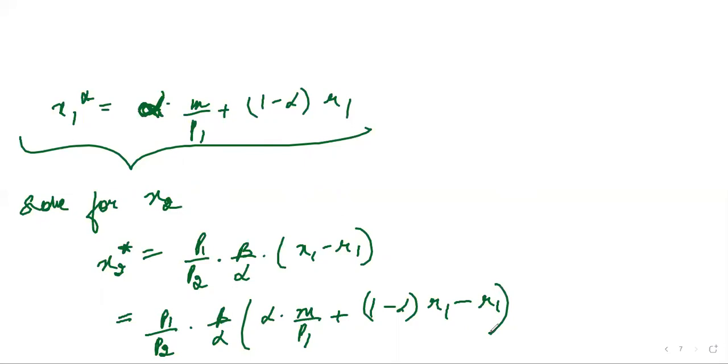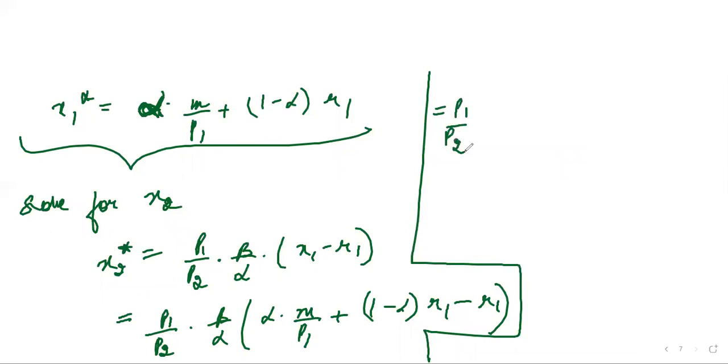And now what I can also do is, instead of beta, write 1 minus alpha to solve it easily if I want to. So I can solve for this like this. So this will be P1 by P2 into beta into M by P1 plus.